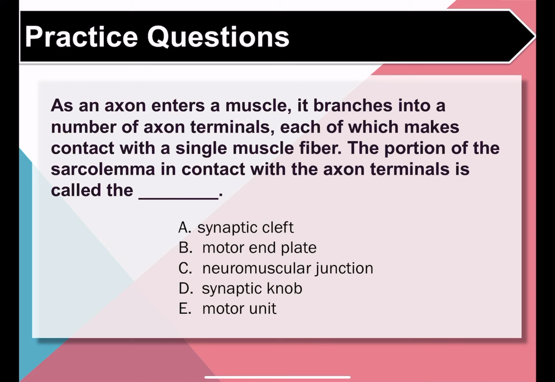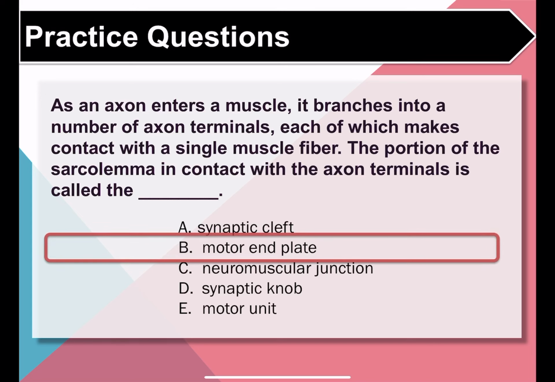The portion of the sarcolemma in contact with the axon terminal is called the motor end plate. Okay, this is talking about sarcolemma, which is the muscle fiber side. Remember those curvatures I was talking about? That makes up that synaptic cleft where the axon terminal goes into. So this little part of the sarcolemma is known as the motor end plate.